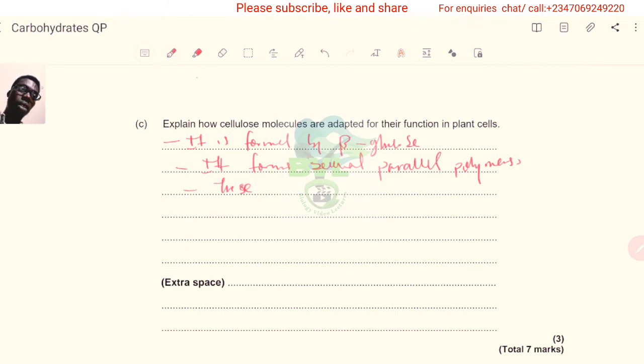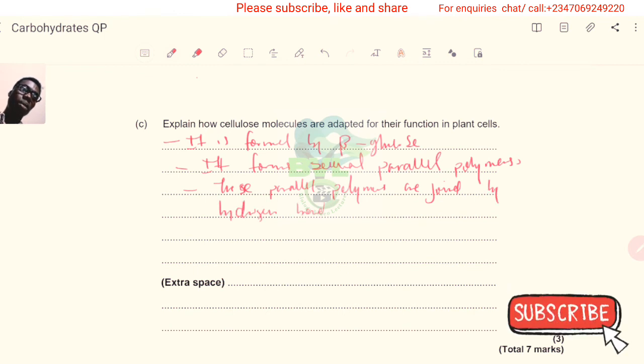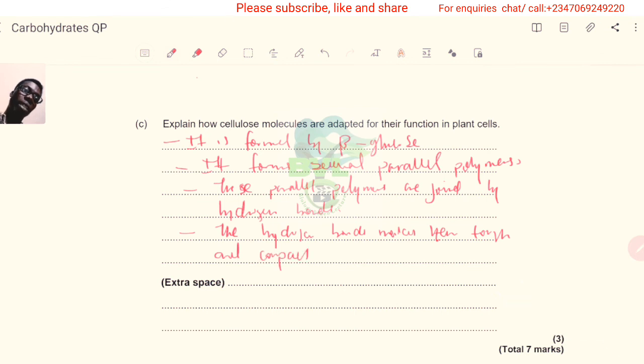These parallel polymers are joined by hydrogen bonds. The hydrogen bonds make them soft and compact.